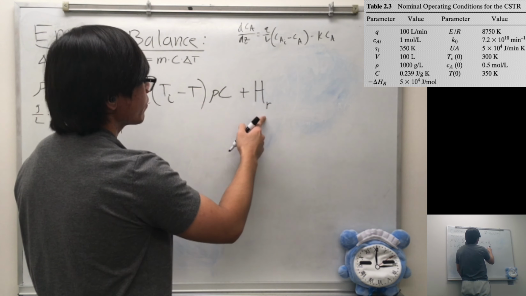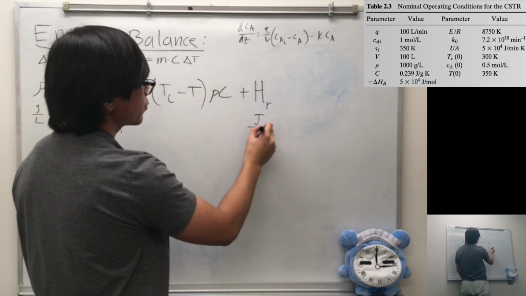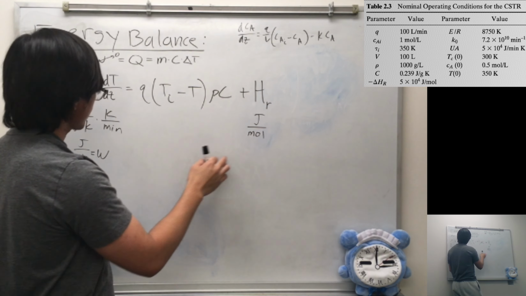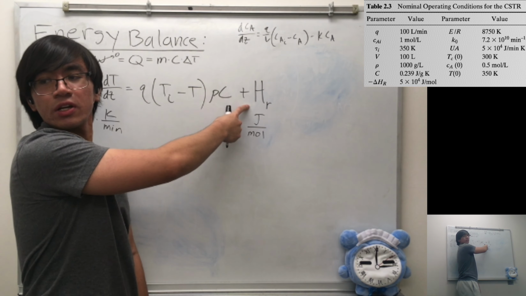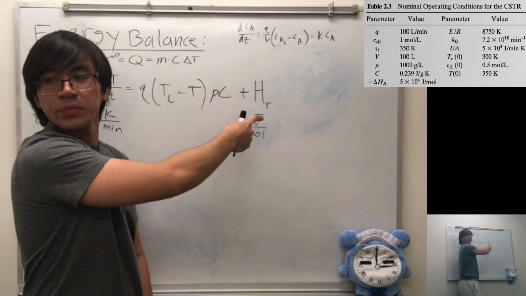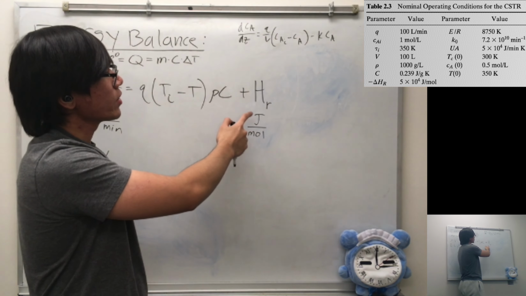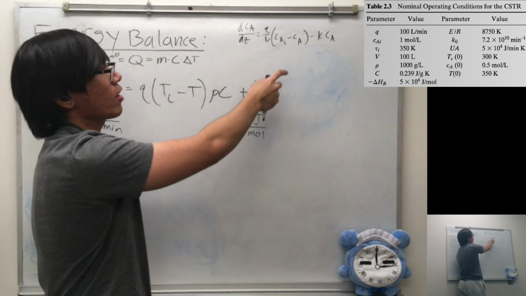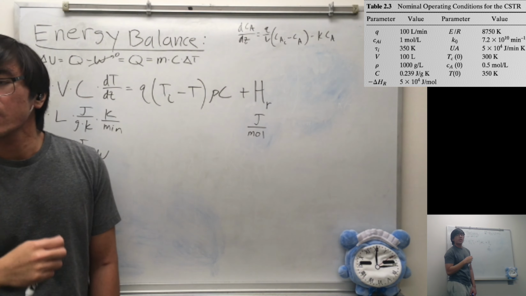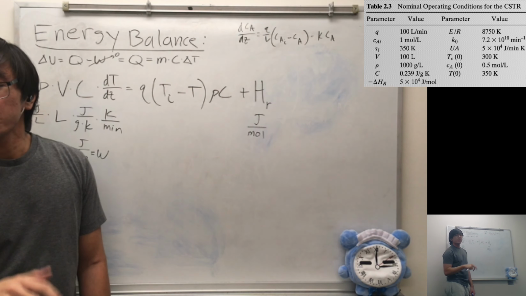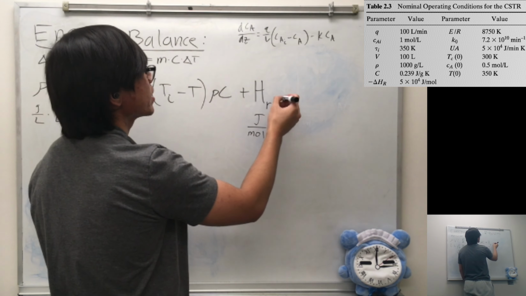So it's actually a positive addition to our energy balance. Well, I believe the units for HR are joules per mole, and we want to get to joules per minute. Well, remember, we already have an expression showing what our reaction is represented by. That was in our mass balance, the k times Ca times V, our rate constant times our concentration of A times our volume, and that's exactly what we need to put here.